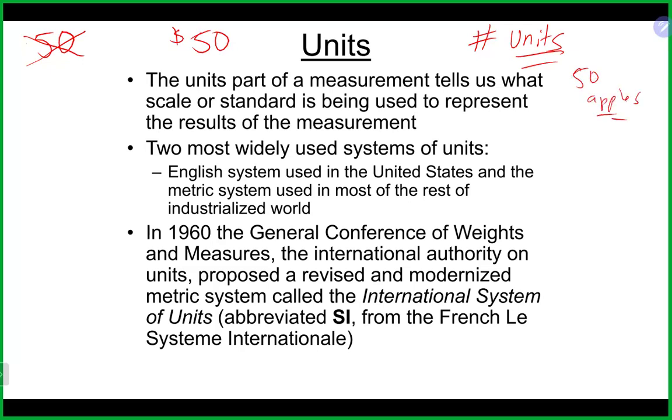Now, when we talk about units, there's actually two systems of units that are used commonly. One system is what is sometimes referred to as the English system or the US system, and that's the system that we use here in the United States. And pretty much everybody else rolls with the metric system.